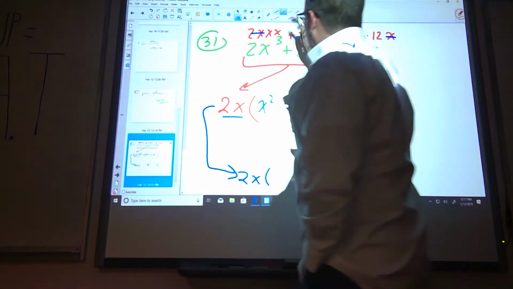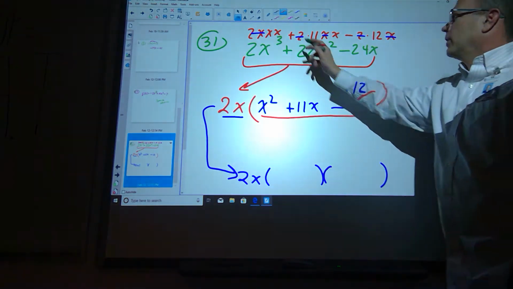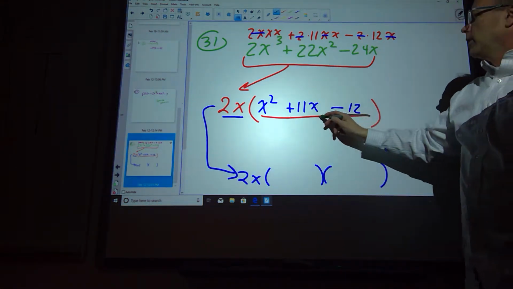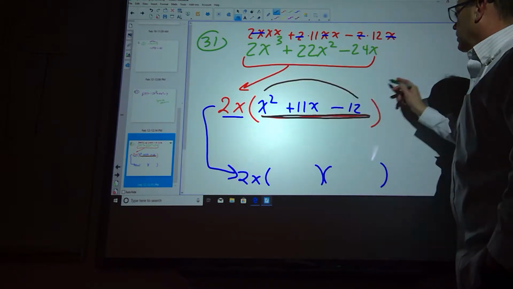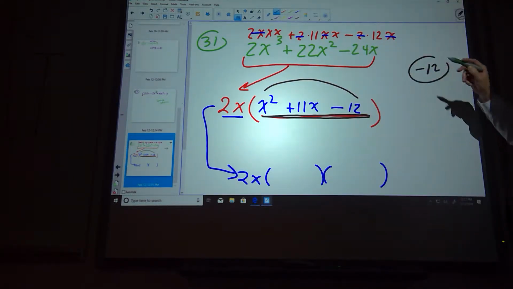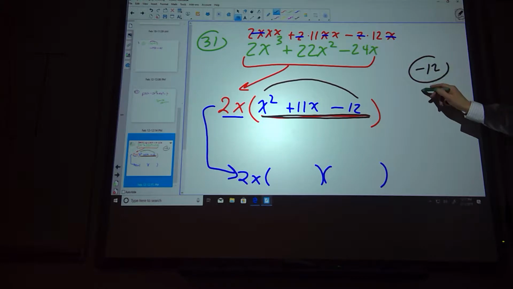Then I want to start factoring this right here. My magic number is going to be negative 12. That means I'm multiplying two numbers to get there, so one has to be positive and one has to be negative. What two numbers, one positive and one negative, multiply together to give me negative 12 and add together to give me 11? 12 and 1, which one's positive? 12.